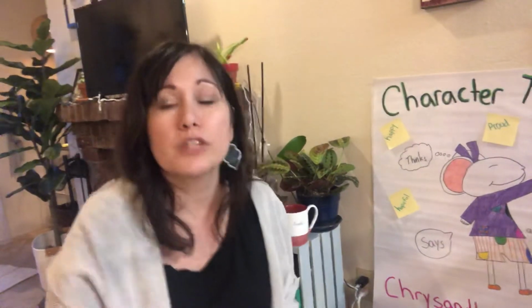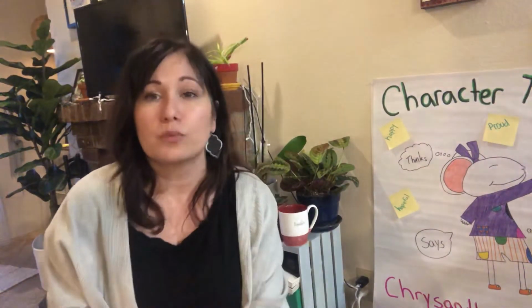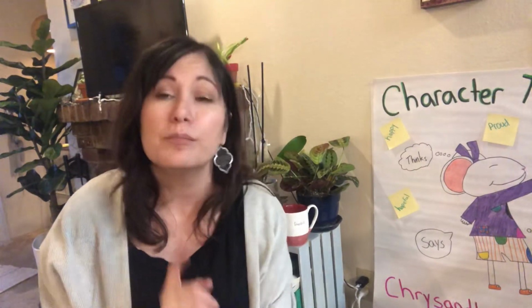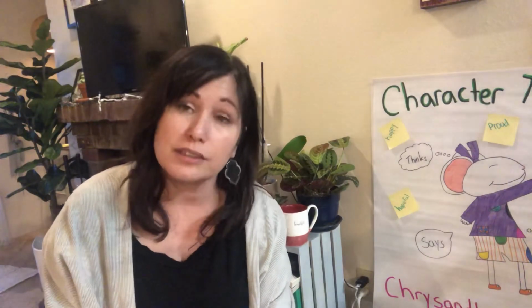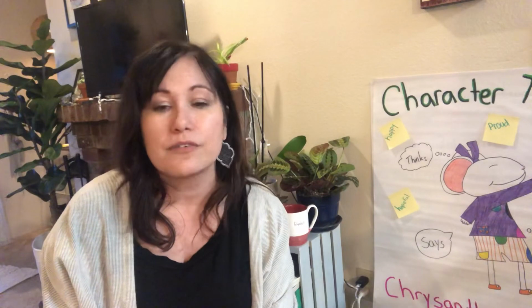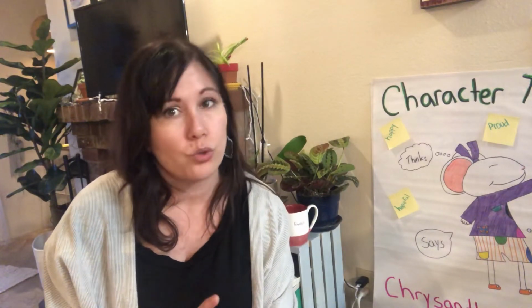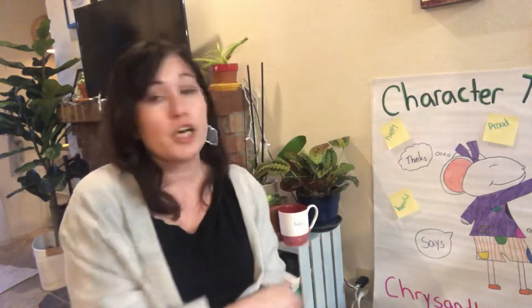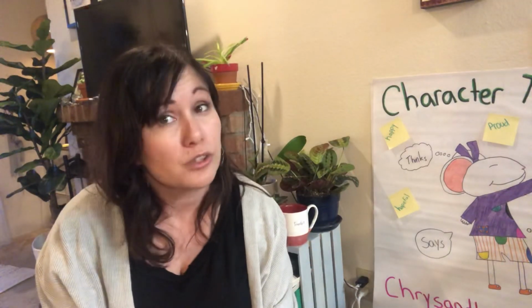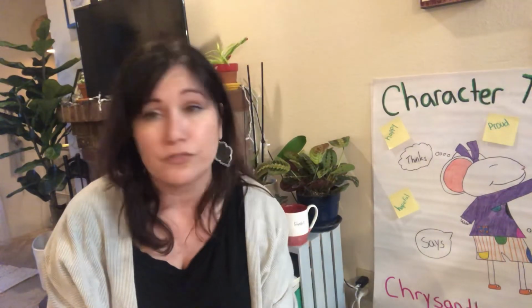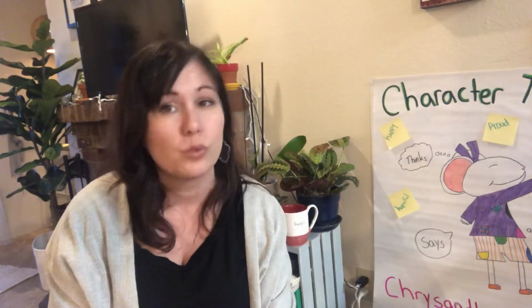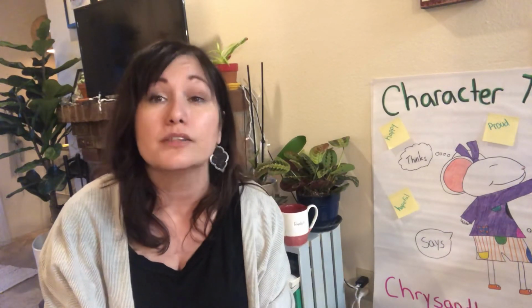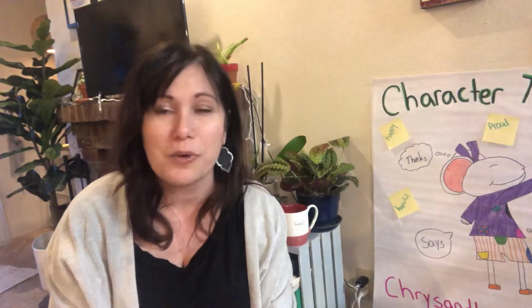I want you to think of which character trait that we chose best describes Chrysanthemum and point out evidence in the book that helps you make that decision. If there is a character trait that you think did not get mentioned on the chart that you think is a better description of Chrysanthemum, feel free to use that. You can use whichever one you want so long as you provide evidence, okay?